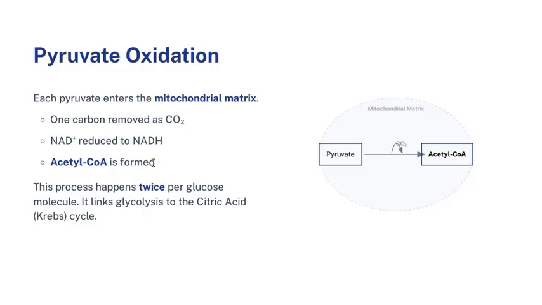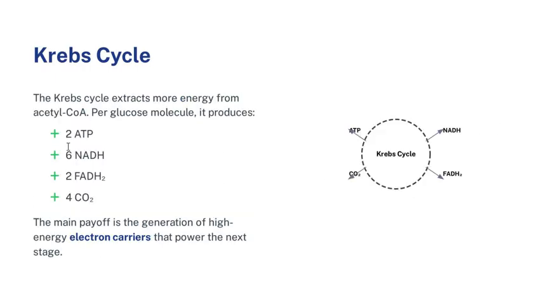When this happens, acetyl-CoA is formed, and this process also happens twice per glucose molecule, and it links glycolysis to the citric acid cycle, which is also called the Krebs cycle, I think. But yeah, this acetyl-CoA will go into the Krebs cycle, and the cycle will extract more energy from the acetyl-CoA per glucose molecule.